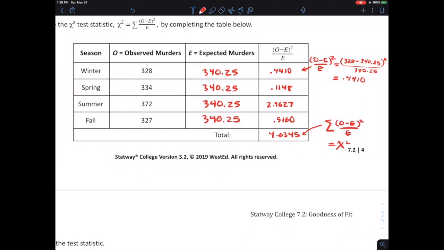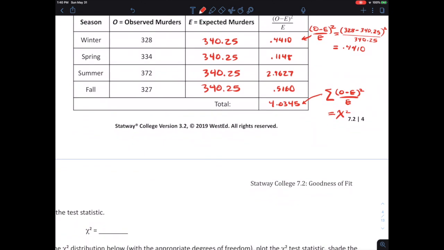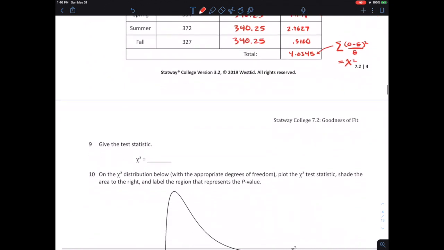It has the same amount of variability as the sum of 3 z-scores randomly selected, squared, then added up. There's 4 values, but they vary like 3 squared z-scores added together. So our chi-square statistic is 4.0345, we'll put that on the next page.